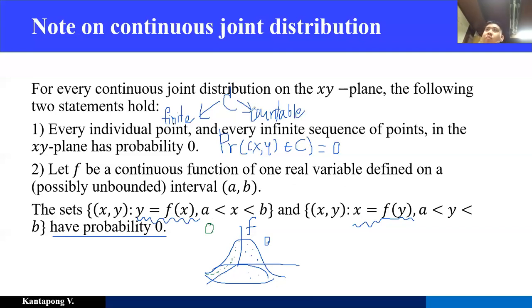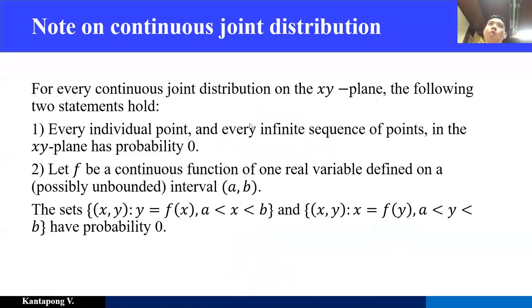And if we take a line that cuts through this, only this line, the probability must be 0 also.